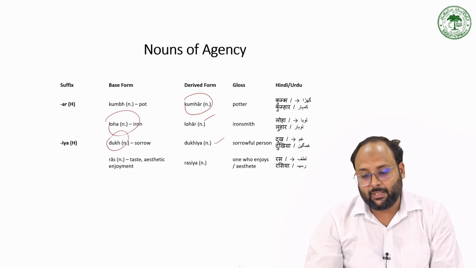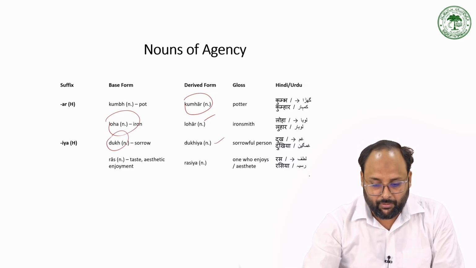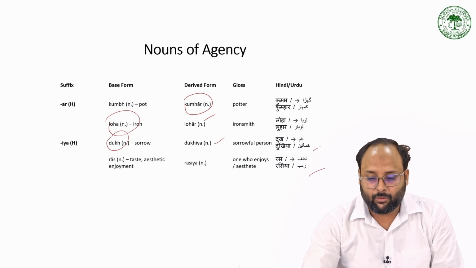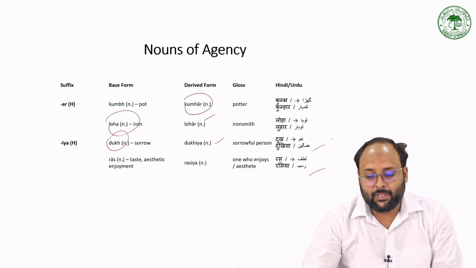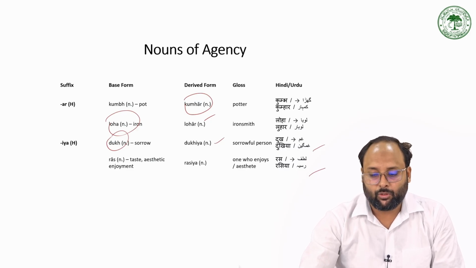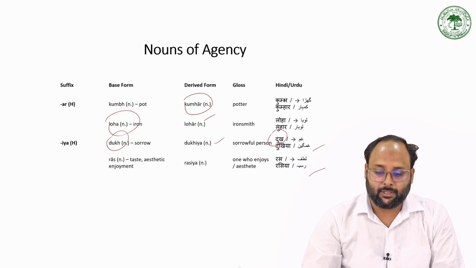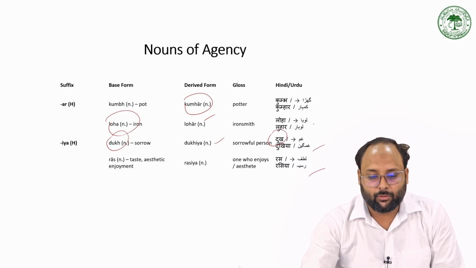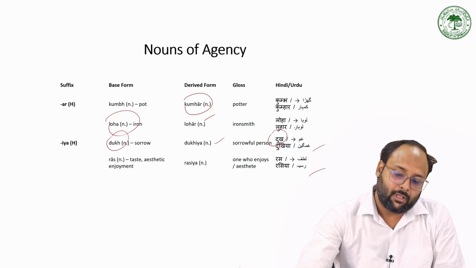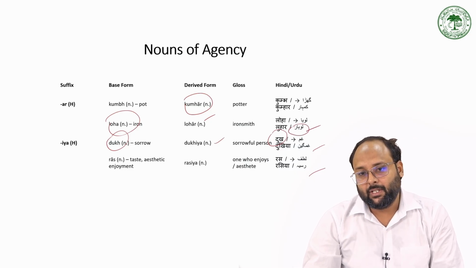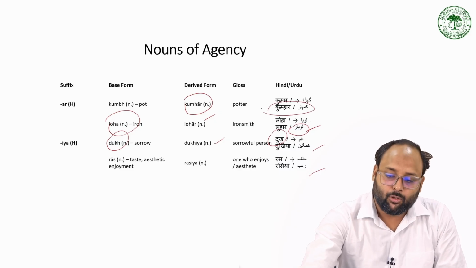Rasiya is who performs some action or some aesthetics, and dukhya is the person who suffers some type of dukh. Loha becomes lohar. So that is the noun of agency. Lohar is the person who performs some action, and kumhar is the same type.